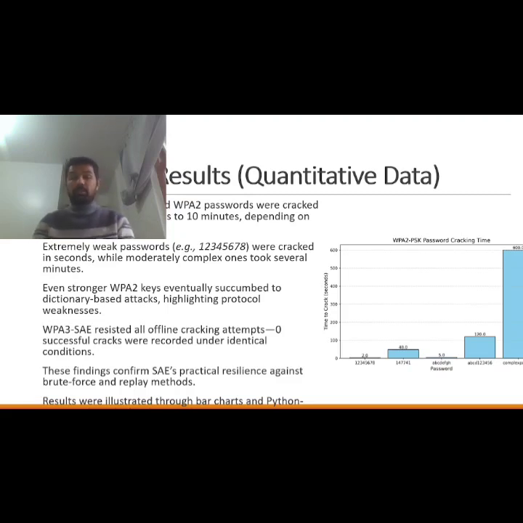It depends upon the complexity of your password. A weak password cracked in 2 seconds and a moderate password in 10 minutes, while WPA3 resisted cracking under the same conditions. These results were visually presented using a bar graph.